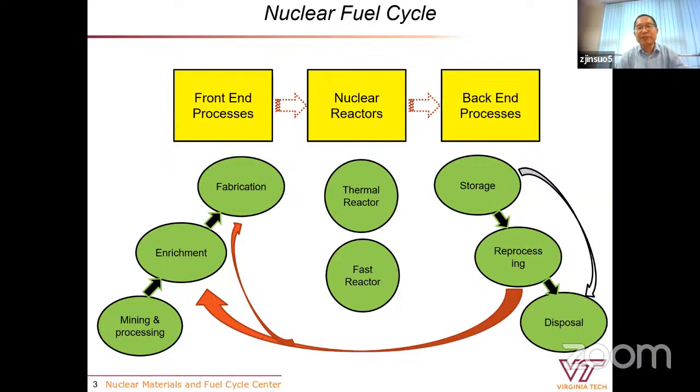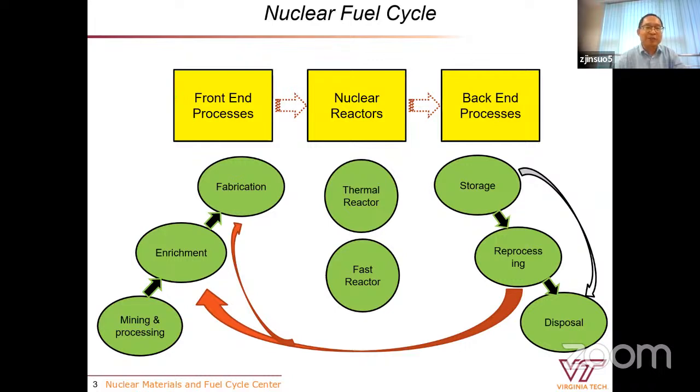In the back end, after your fuel has been burning in the nuclear reactor, normally you need to store it for a while. It's interim storage. If we do not want to reprocess the fuel, after the fuel is stored for a while and cools down, you make it into a waste form, then dispose of it.